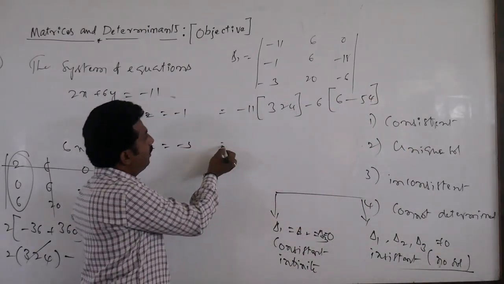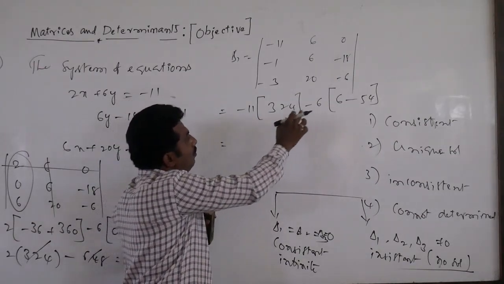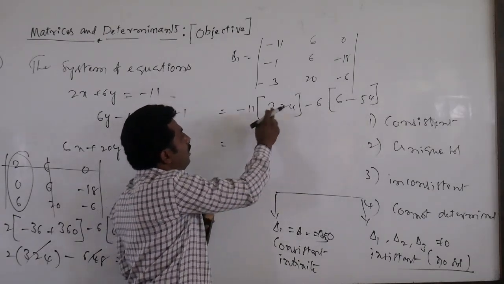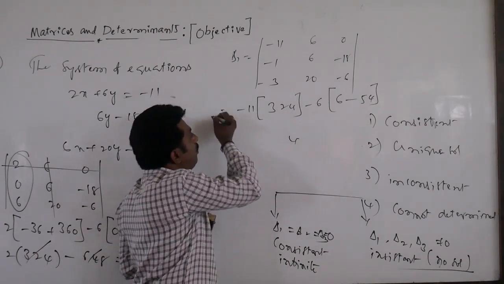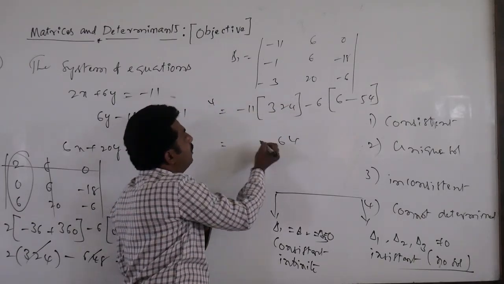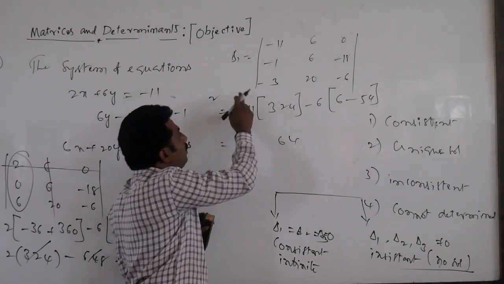Finally, how much is it? 11 4s are 44, 11 2s are 22, 11 3s are 33.